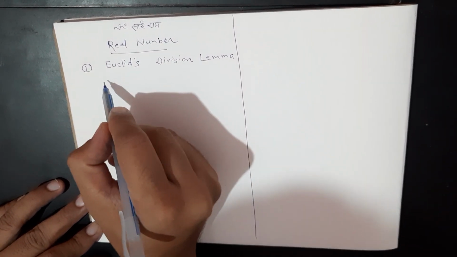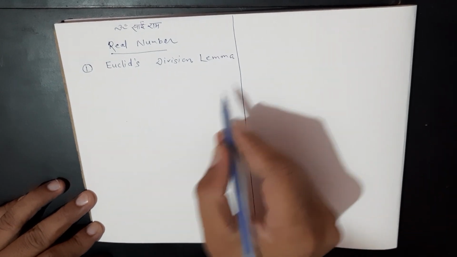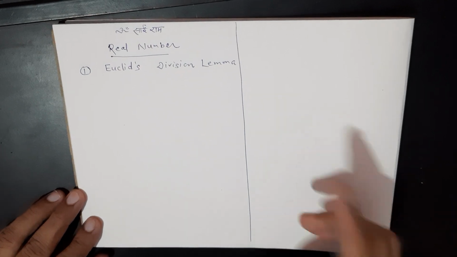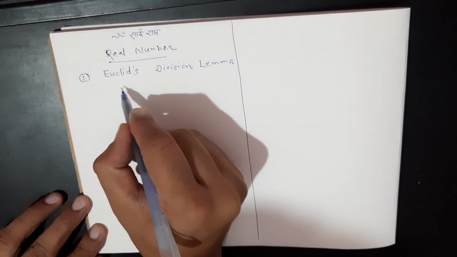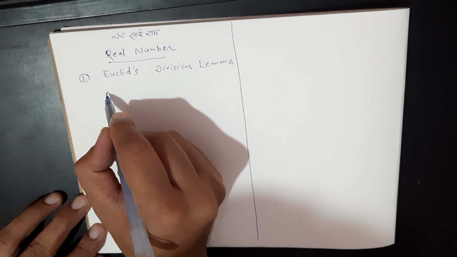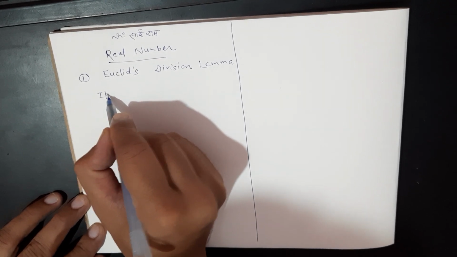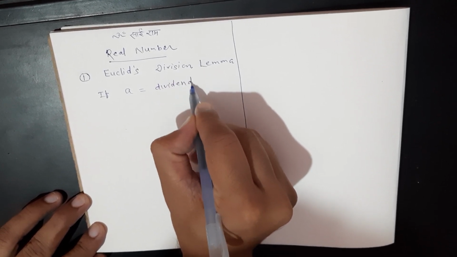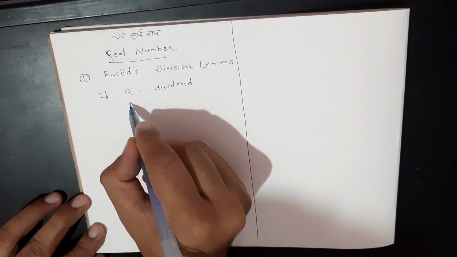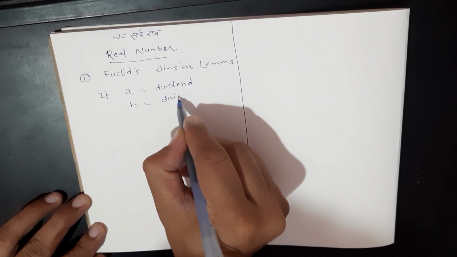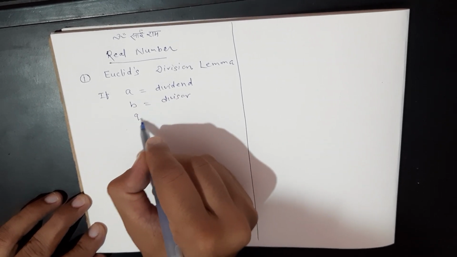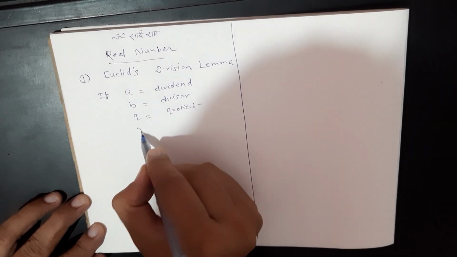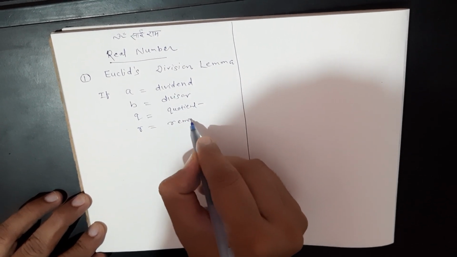Look, if A is dividend, B is divisor, Q is quotient, and R is remainder.